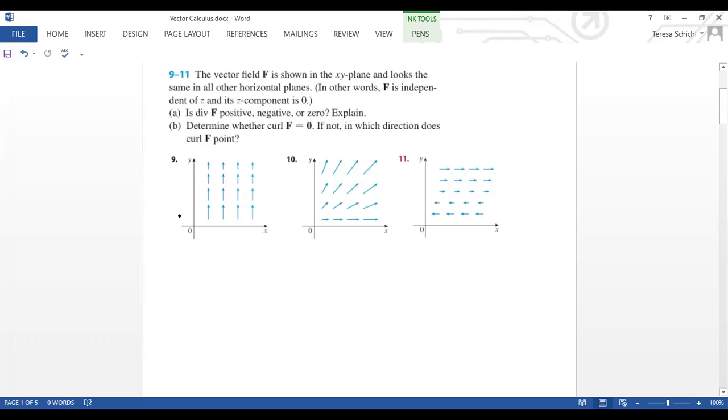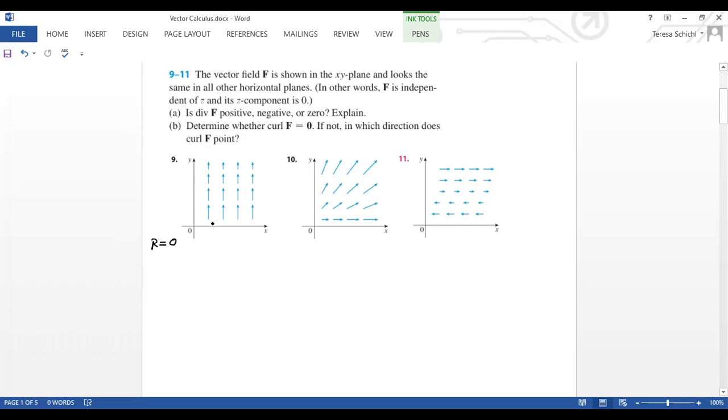So let's take a look. How can we prove this? Now, because we know this field is in R2, R is equal to 0, right?